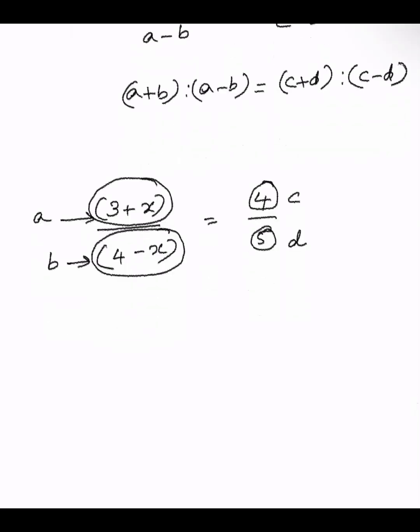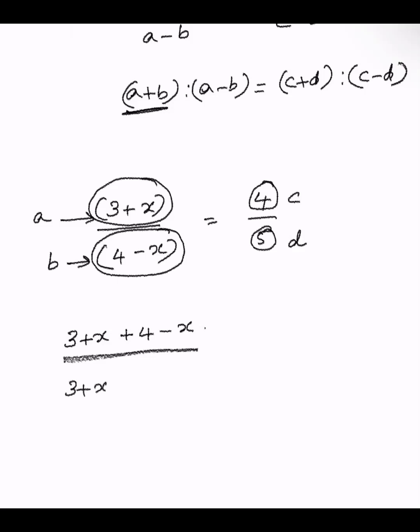Now, what componendo and dividendo is saying is, first your numerator or the first ratio becomes A plus B. Look at this, this becomes A plus B. So A plus B means it becomes 3 plus x plus 4 minus x. Now, in the denominator, it is A minus B. What is A?